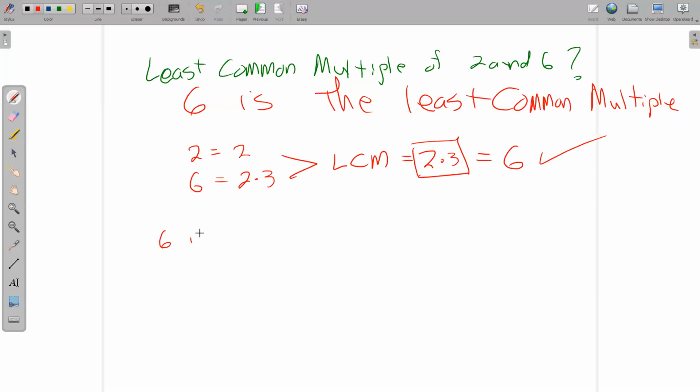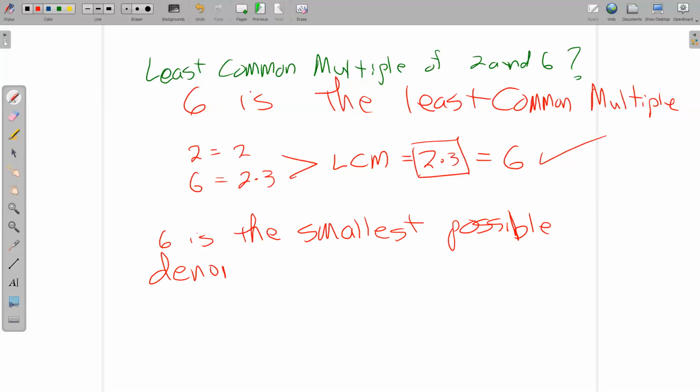So 6 is the smallest possible denominator to add halves and sixths.